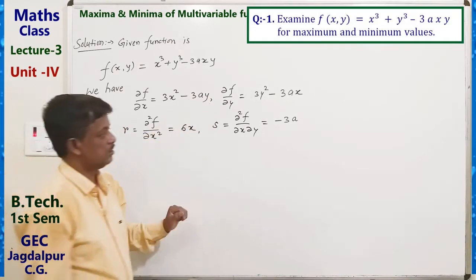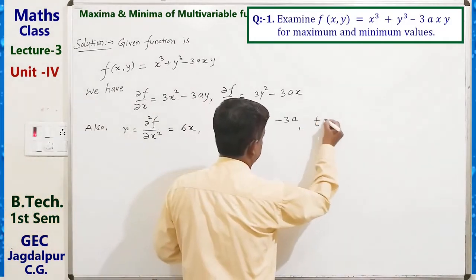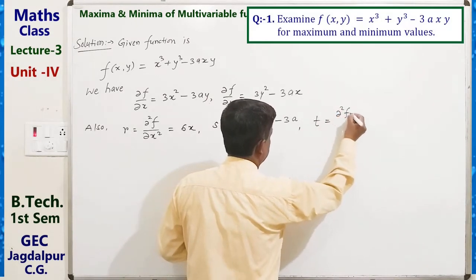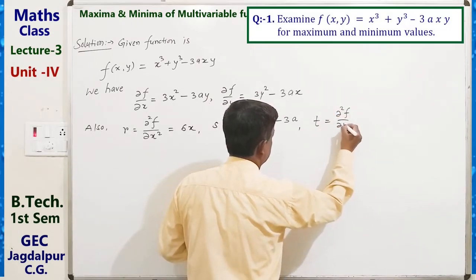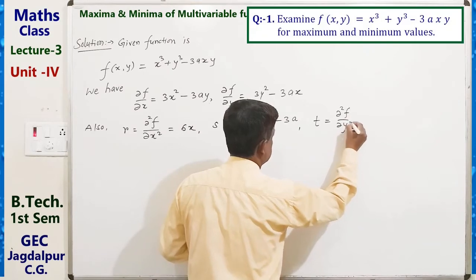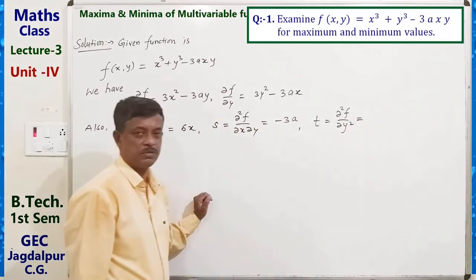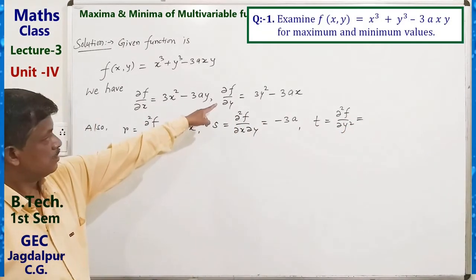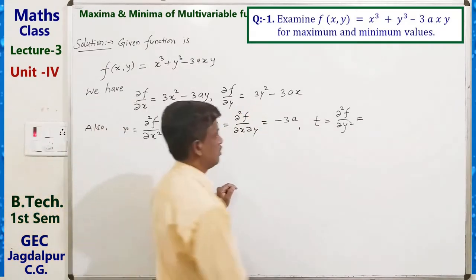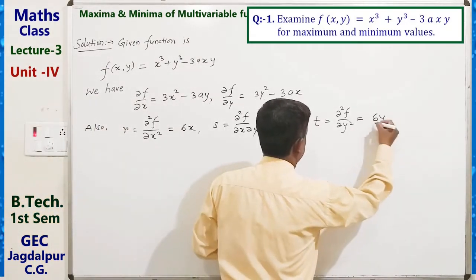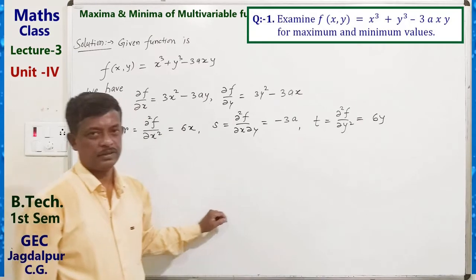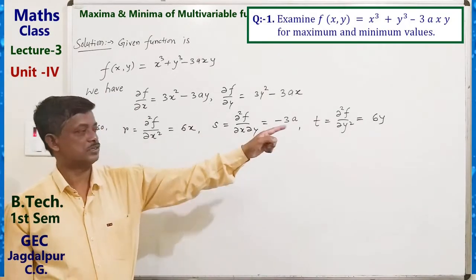And t is del 2f by del y square, two times differentiation with respect to y, 6y. Clear? So these are the values of r, s, t.